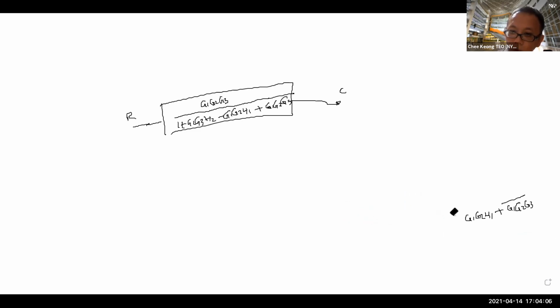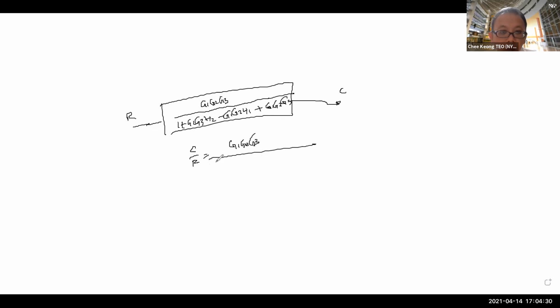Now, it started off by asking us what is your C of S over R of S. What is your net result after simplification? After simplification, you just get one block. So in the answer, you can write down C of S over R of S is equal to G1, G2, G3 over 1 plus G2, G3, H2 minus G1, G2, H1 plus G1, G2, G3.